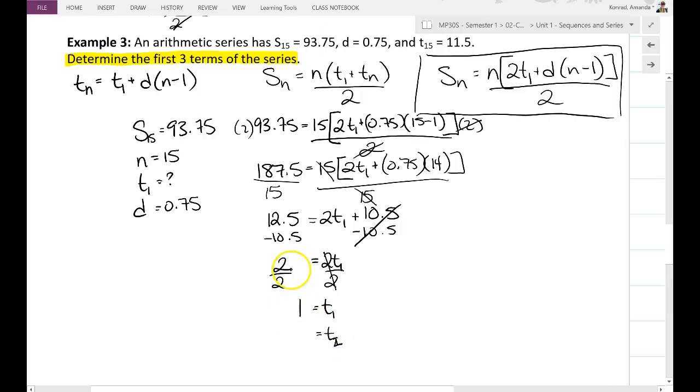So 1 plus 0.75 is 1.75. Term 3, I'm going to add that 0.75 again, and so that's going to leave me with 2.5. And there is my answer. You are not done until you have all 3 of those terms, because that's what the question asked for.